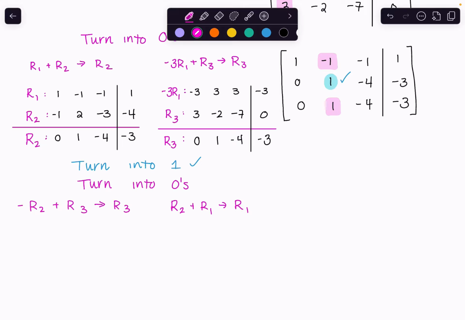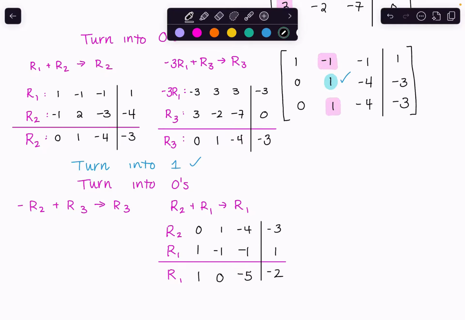Okay. So let's start with that one because it's the simpler of the two. Row 2 is 0, 1, -4, -3. Row 1 is 1, -1, -1, 1. So adding those together gives me 1, 0, -5, -2.